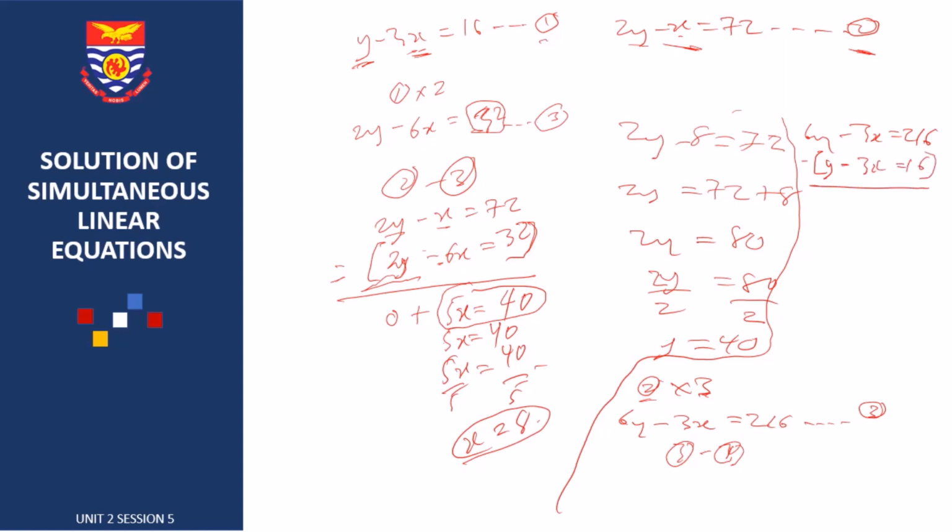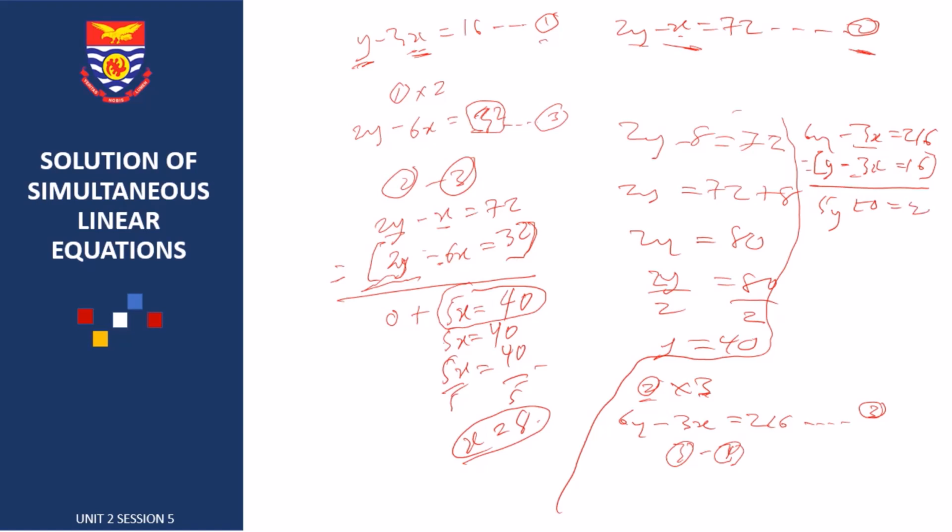Now 6y minus y, I get 5y. Minus 3x minus minus 3x gives me positive, so I have minus 3x plus 3x, I'll get 0. Then 216 minus 16 would be what?